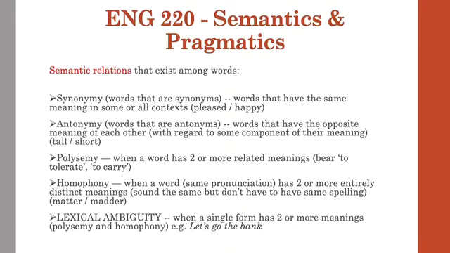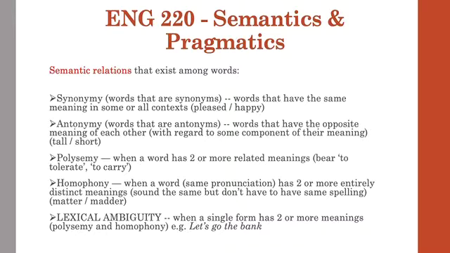Matter, with the t sound that we pronounce usually as d, is what's at hand. What are we talking about? What's the idea? What's the matter with you? And madder, with the two d spellings, has that inflection on the end, the er, or the affix, and it just means to be more mad than before.